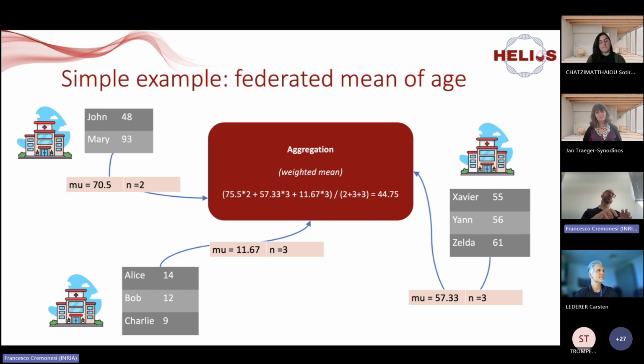For more advanced algorithms, this is actually one of the big challenges that we have to face. Okay, but overall, the point of this slide is to show how federated learning is nothing more than a few mathematical tricks to achieve this very important goal of never sharing the sample-level data from the hospital.